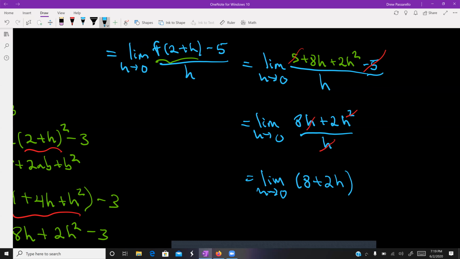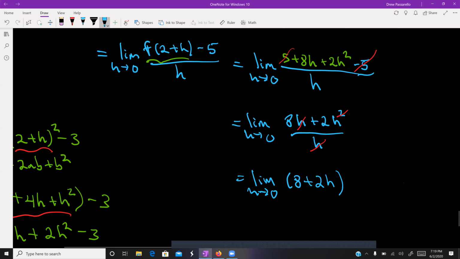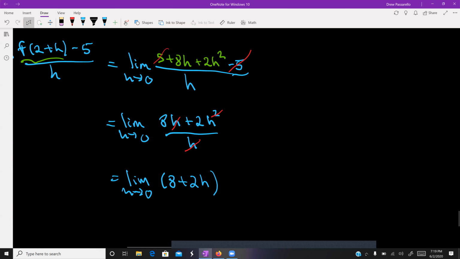Now I can plug in 0 for h. So that's just 0, and 8 plus 0 is 8.